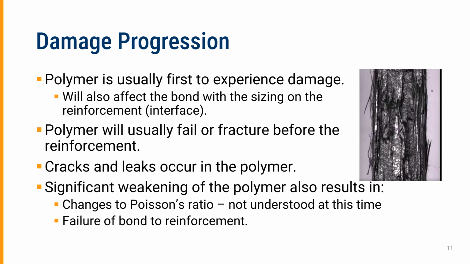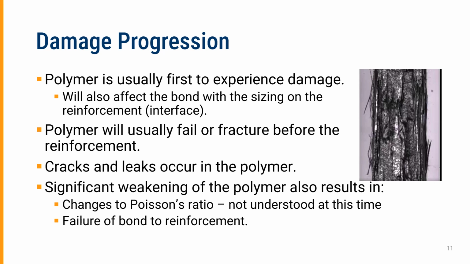Polymer is usually the first to experience damage. It will also affect the bond with the sizing on the reinforcement. As we talked about, glass and polymer, and as well carbon fiber and polymer, very seldom will bond together. We need a sizing or a primer in order to provide an interface zone where that bond can occur.